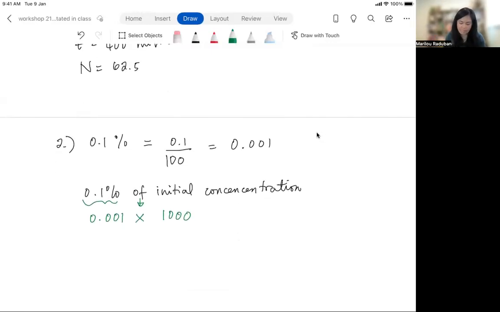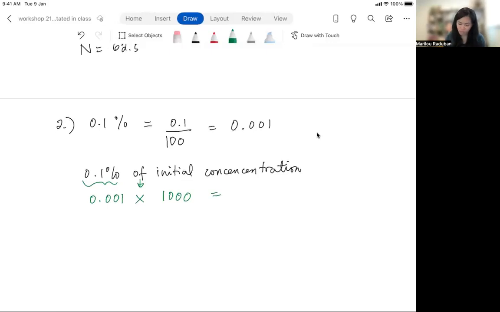This will give you the actual concentration: 0.001 times 1,000 is 1. So that means N is equal to 1.